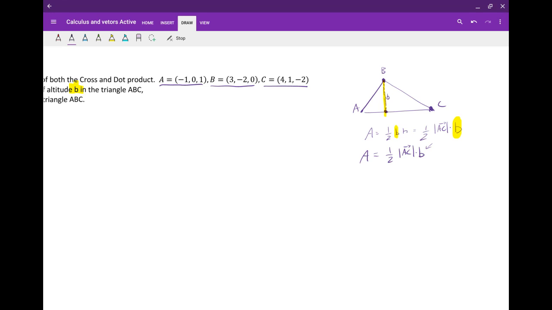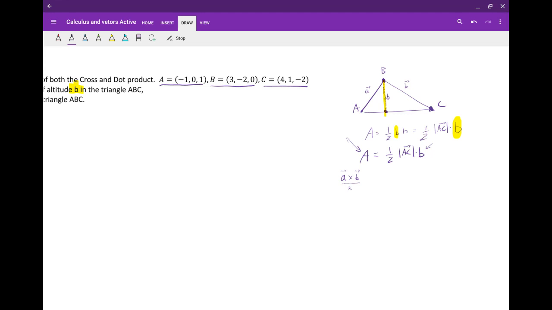As it turns out, the area of a triangle has a new formula. The area of a triangle is A cross B divided by 2, where A and B are two vectors in that triangle.